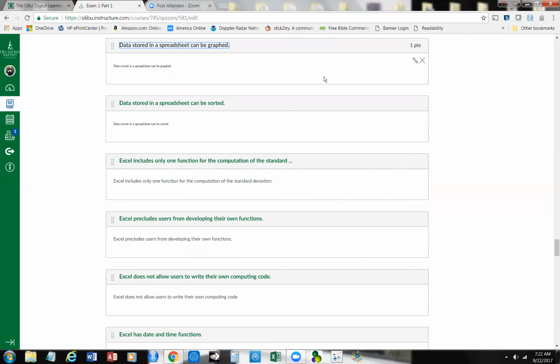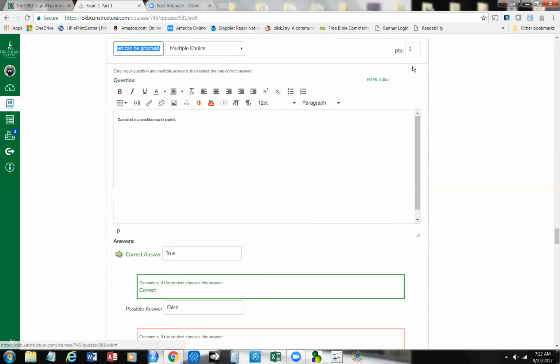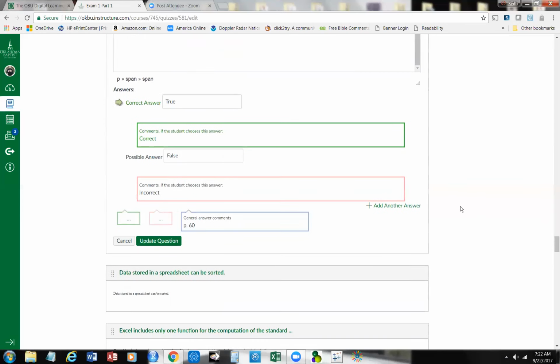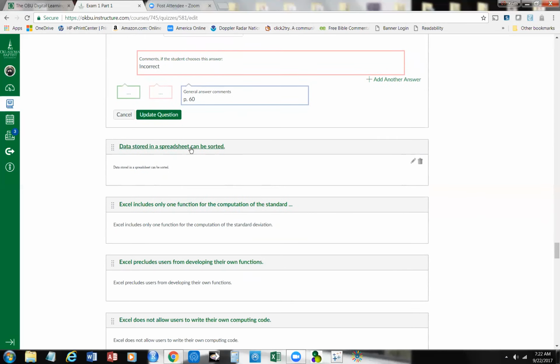Let's see, data stored in a spreadsheet can be graphed. Let's do this. And I'll take the font up. Yes, the data is stored in a spreadsheet because we've been using graphs and we've been doing it, okay? It's just simple stuff, no big deal there. But I also told you the page 60, that would be when we solve it.